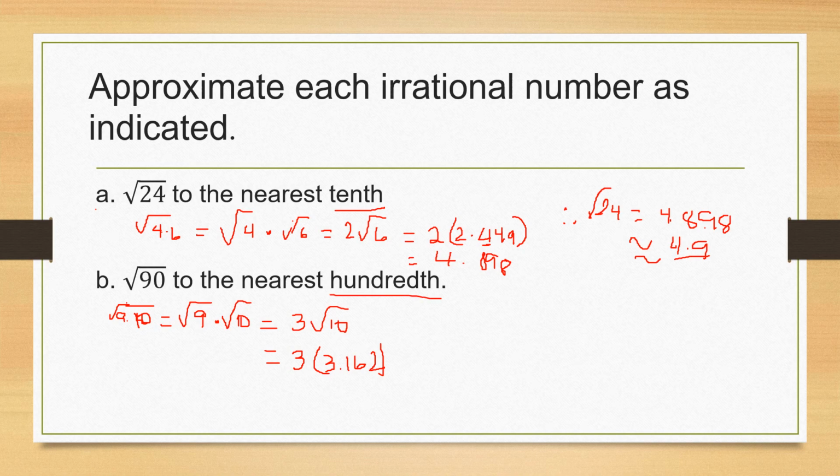All right. So if we're going to multiply 3 times 3.162, the product is 9.486.